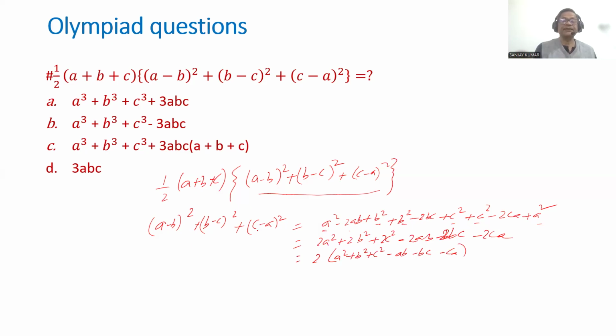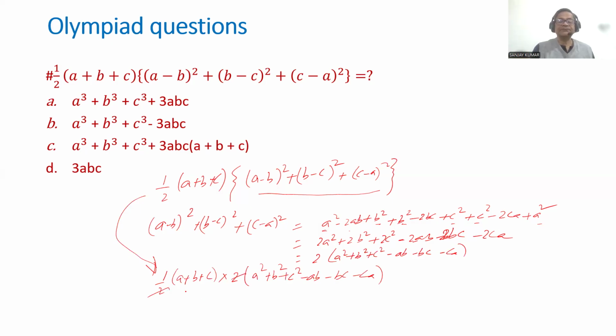And now let us multiply in the main expression. Let's come to that. So what will happen to this? 1 by 2 into a plus b plus c into 2 into a square plus b square plus c square minus ab minus bc minus ca. तो ये 2 कट जाएगा.